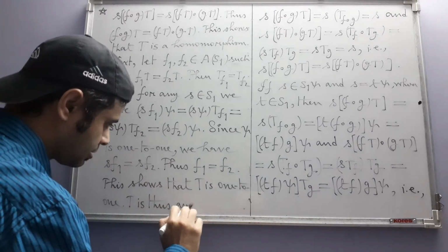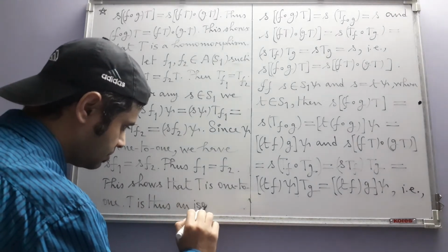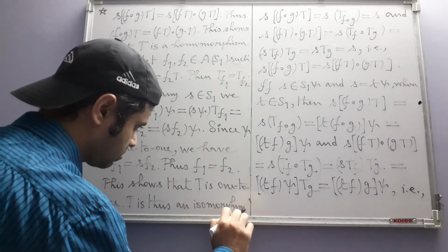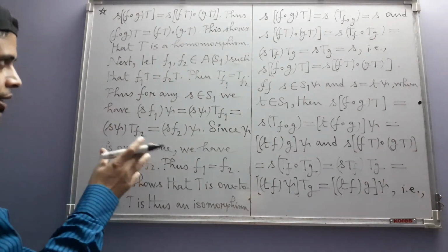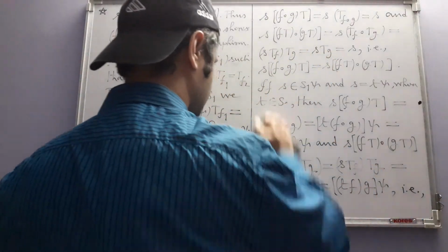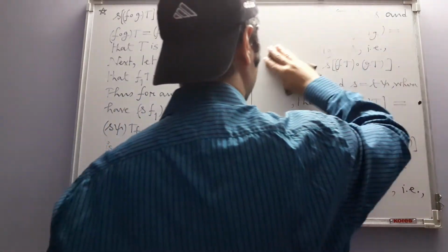T is thus an isomorphism of AS1 into AS2. That's what we wanted, and now everything is done.